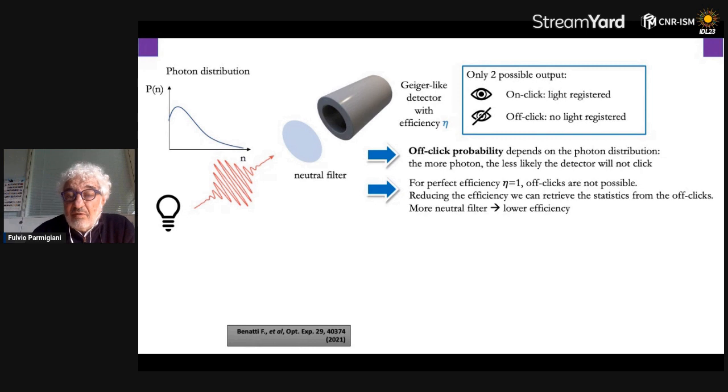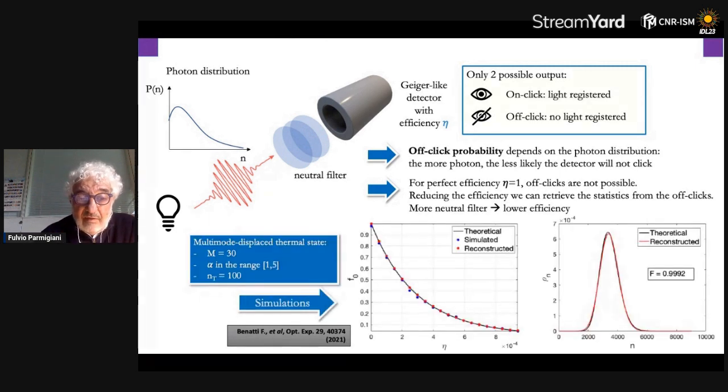So no light is registered. The off-click probability depends on the photon distribution. The more photons, the less likely the detector will not click. For a 100 percent efficiency, this is equal to 1, off-clicks are not possible. Reducing the efficiency, we can retrieve the statistic of the off-click. And you need more neutral filters here, and to do the statistic at different intensity of the light.